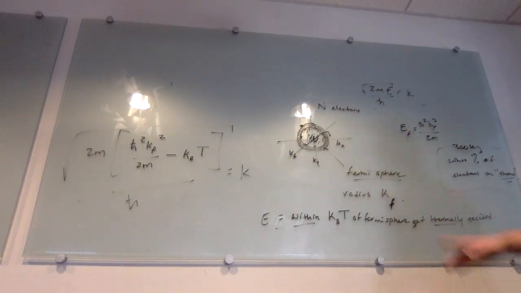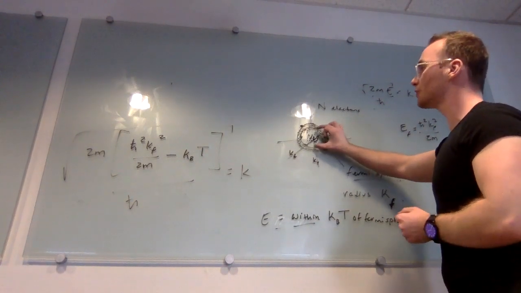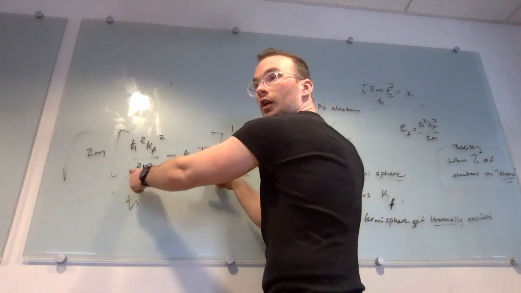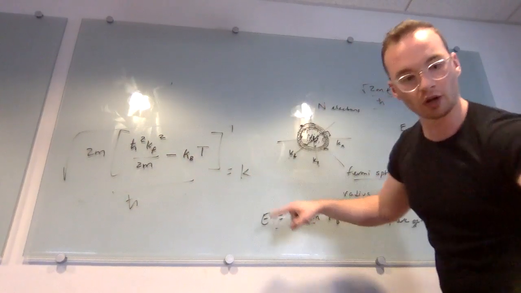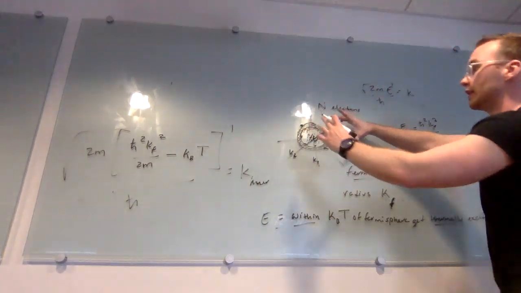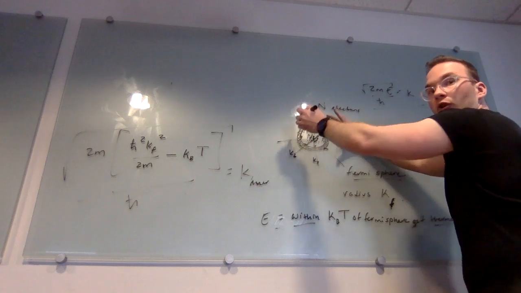It's going to be all of the electrons that are outside of this inner shell. This inner shell is given by this energy, which is given by this k, so I'll call this k inner. And k outer is going to be k_F, the Fermi energy.